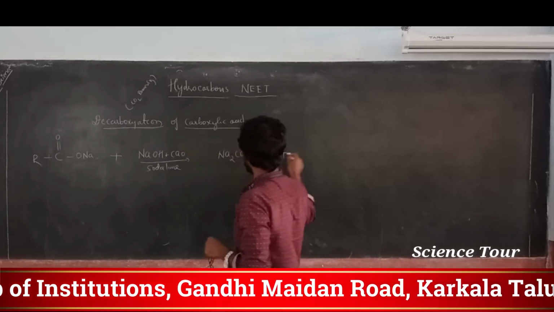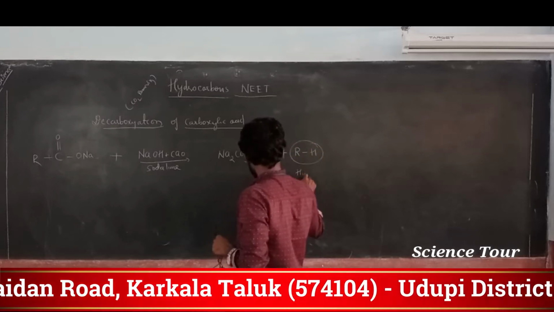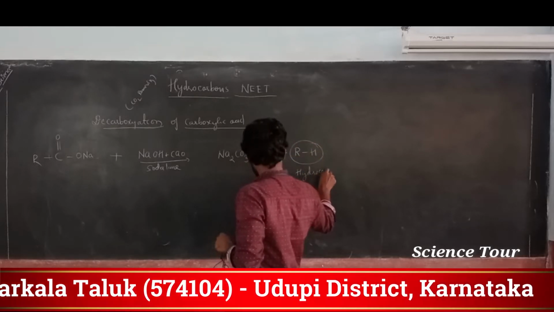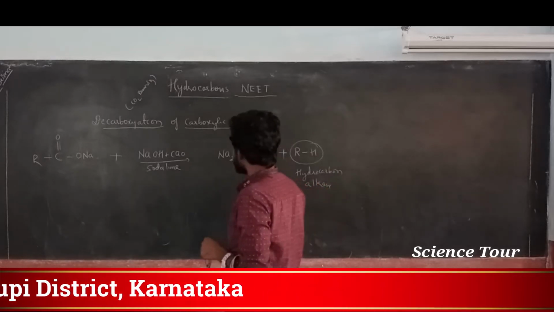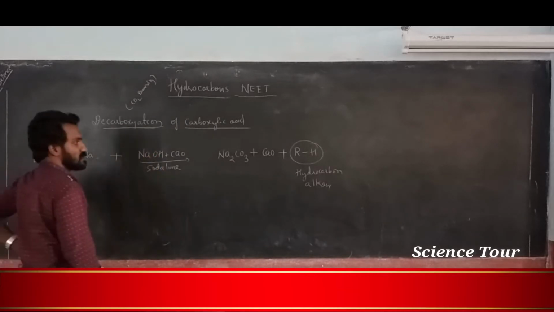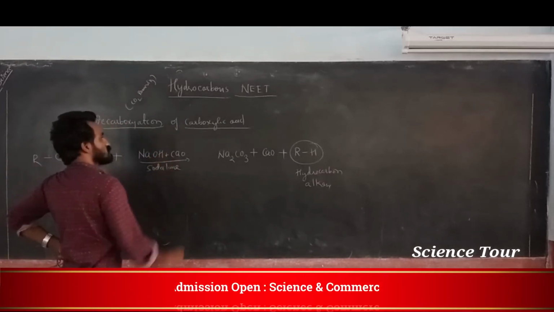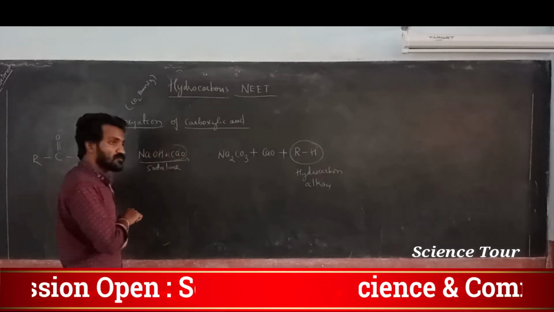Another one is, my dear students, RH. We prepared hydrocarbon, which is nothing but alkane, correct? So this carbon dioxide is absorbed by this sodium hydroxide, understood? Soda lime. So what is the use of calcium oxide along with the sodium hydroxide?